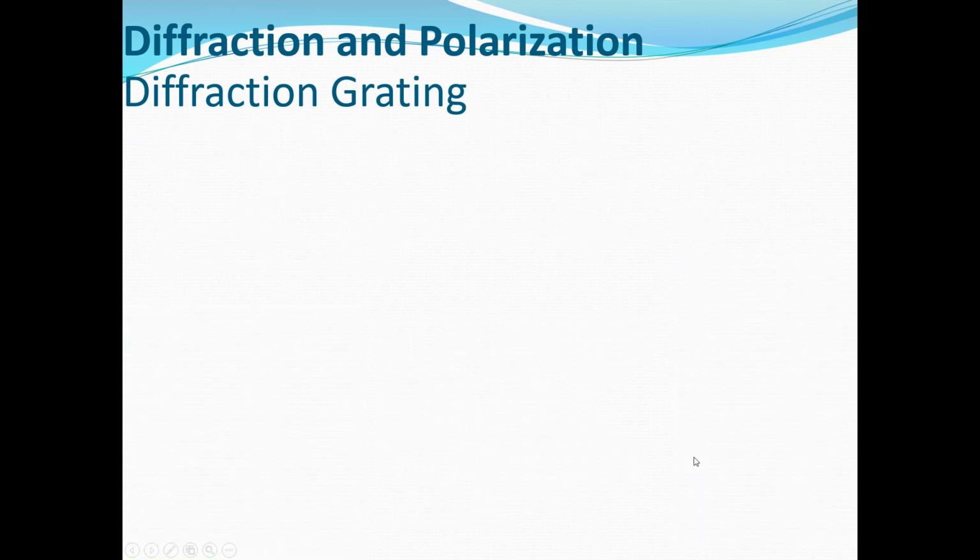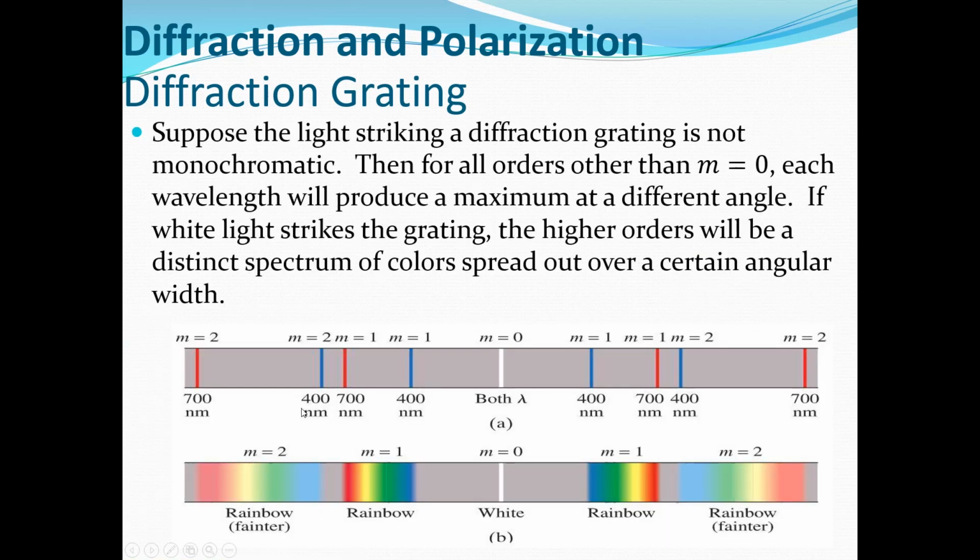All right. We could also take a diffraction grating and shine white light on it. This is what you would expect for that scenario. We have white light in the middle because all the colors are combining there.